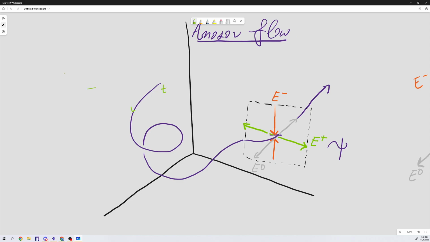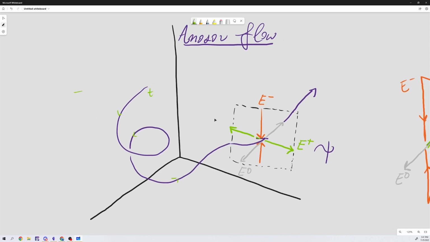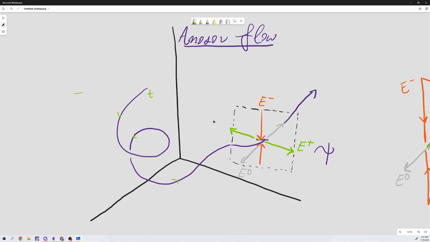It follows this trajectory, and as it does, two forces act on it. One compresses it, we get this vector E minus that pushes inward on it, and we have this vector E plus that pushes out on it. And as time moves along, these vectors will change, and they do so exponentially. That's the idea of an Anosov flow.